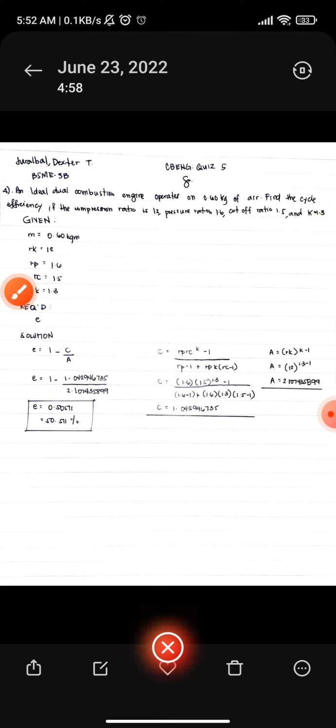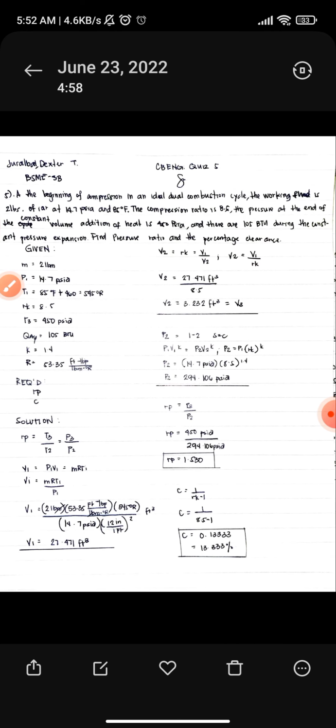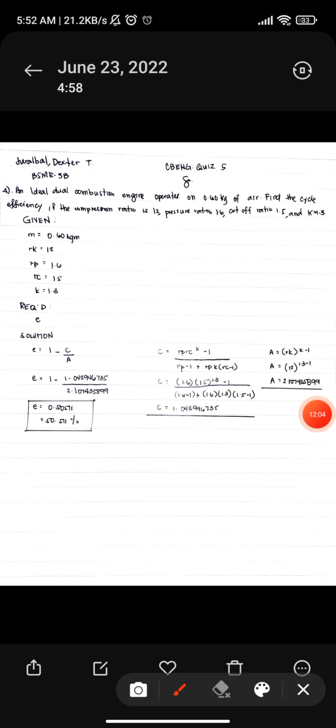So, yung solution natin for the E is equals to 1 minus C over A. So, kunin muna natin yung ating C, yung A. So, C natin, we have formula na Rp Rc raised to K minus 1 over Rp minus 1 plus Rp K times Rc minus 1.